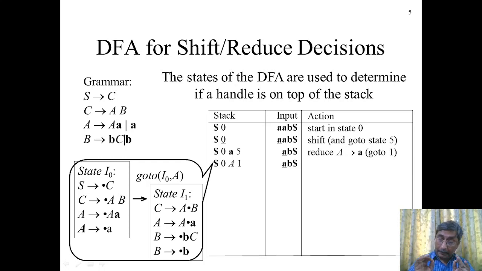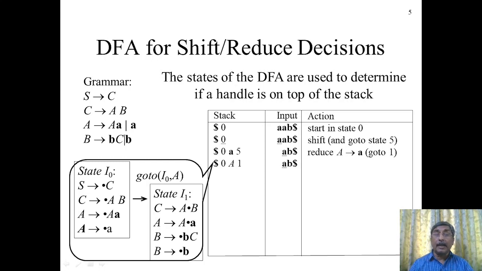So at any point of time, if you are curious to know the current sentential form, you write down the grammar symbols from the stack from bottom to top, concatenate that with the input symbols that are remaining, and the underlined input symbol is the current input symbol.